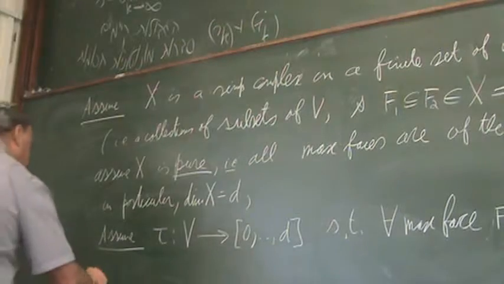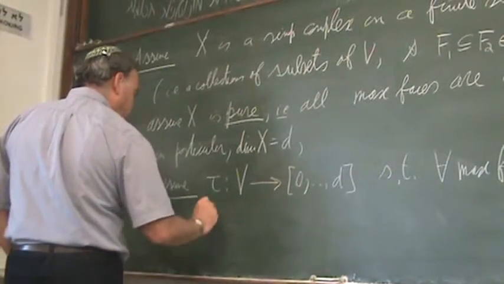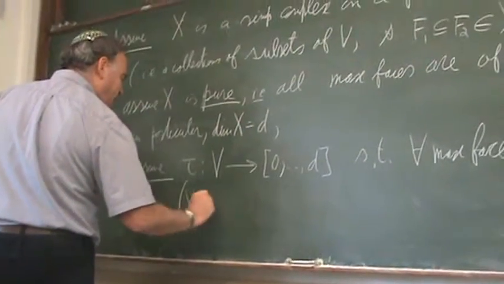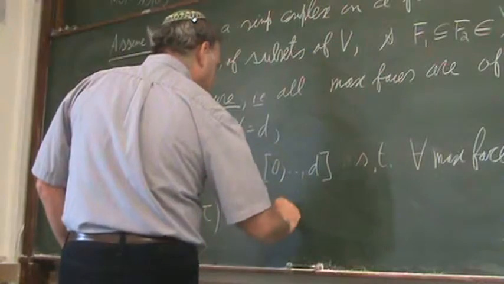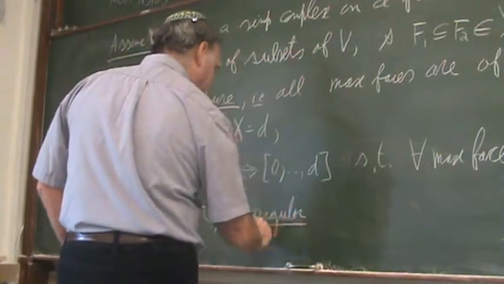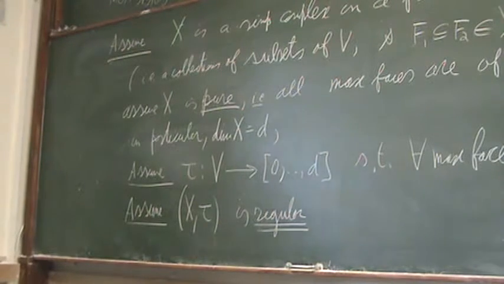And I want to assume also, and that's important for us today, assume that X tau is regular. So here I want to remind what I mean by that, because I already defined it, but I think before the example it looked a little bit artificial, and now you understand why we're doing this like that.